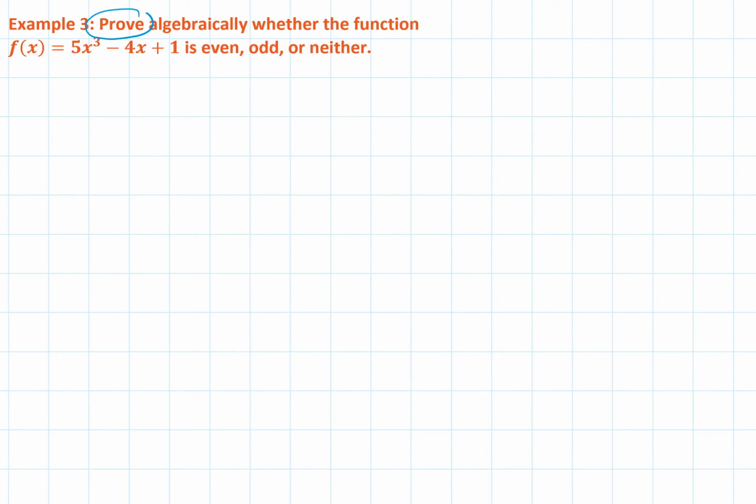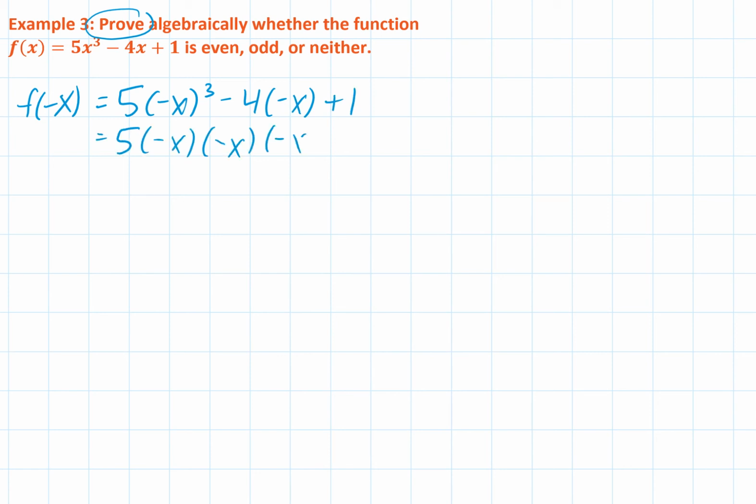So this all hinges on what happens if you put in an opposite x value. So let's put in negative x. You get 5 times negative x cubed minus 4 times negative x plus 1. So this is 5 times negative x times negative x times negative x. I'm just expanding this negative x cubed bit.